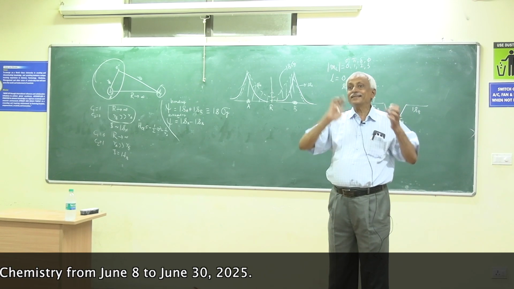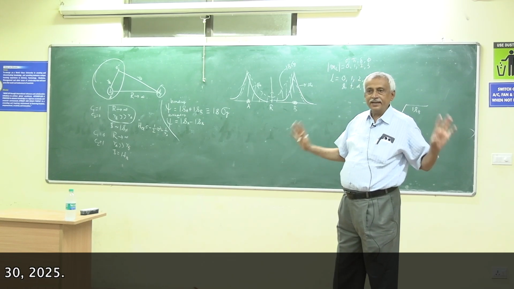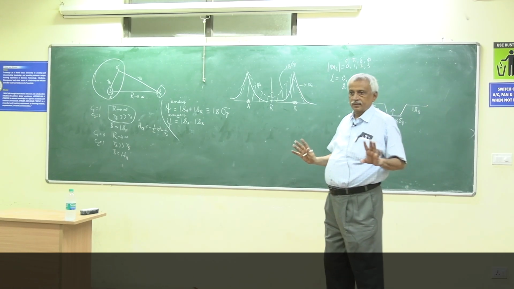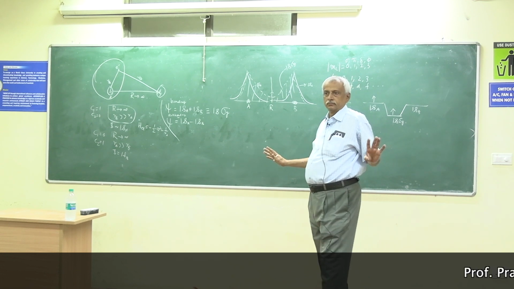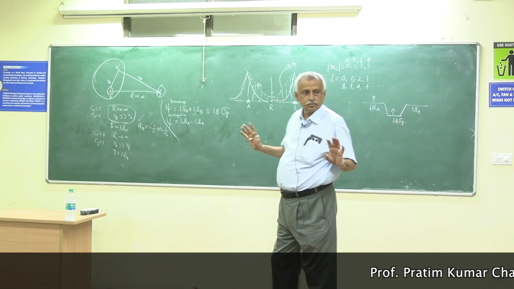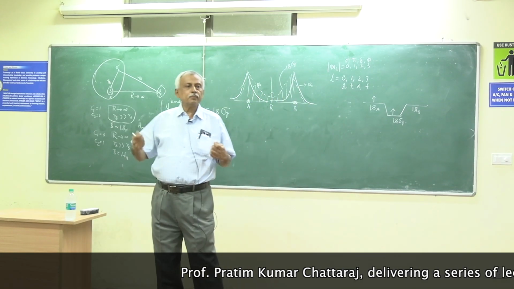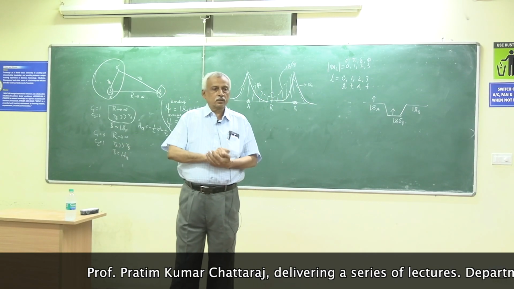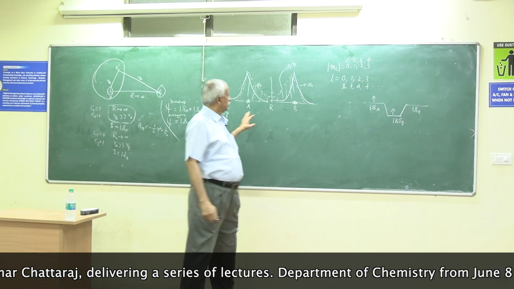What is the physical or chemical meaning of this? We are trying to understand the nature of chemical bonding, how chemical bonds are formed. This is the exact quantum mechanical way of doing it, within a molecular orbital theory framework. Do you understand?